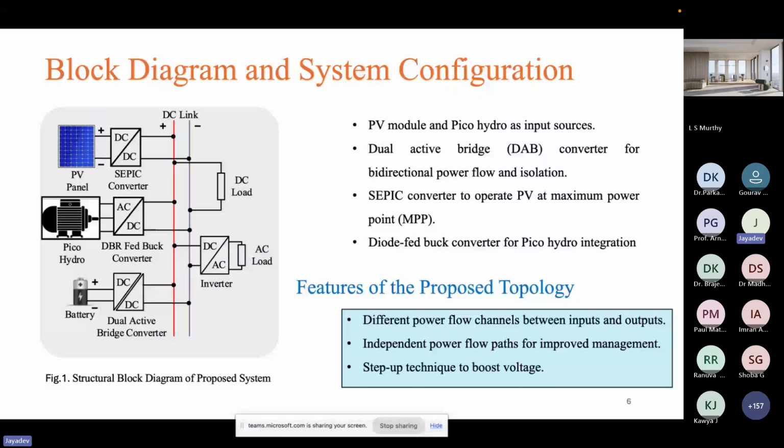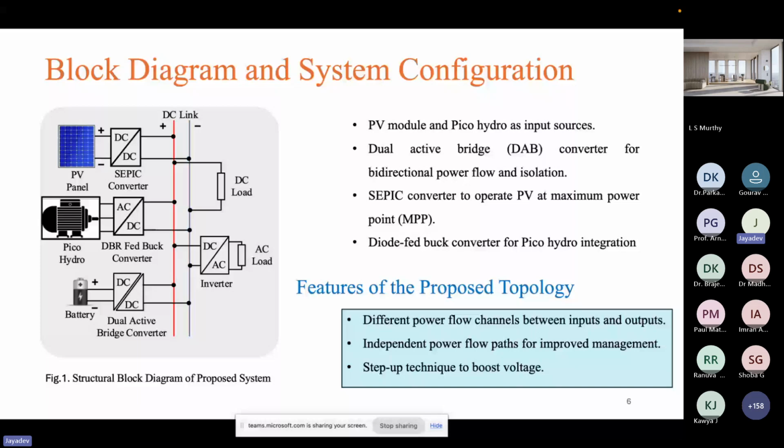There is no cross link between one source and another, so we have an independent power flow path for improved power management. For power management, this point is very necessary: you should have an independent power flow path.